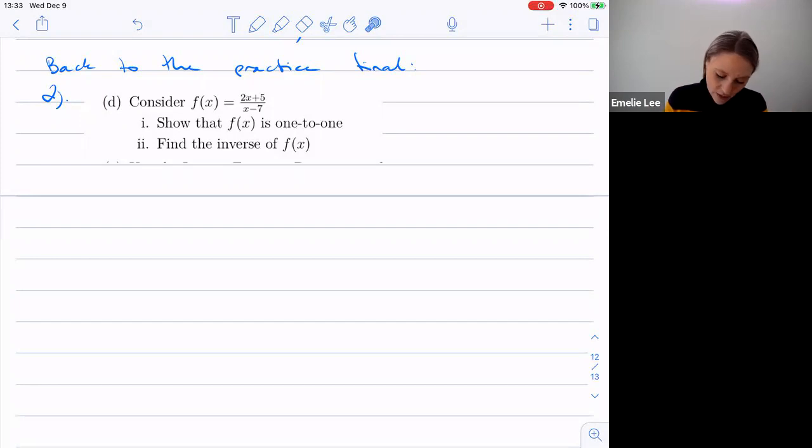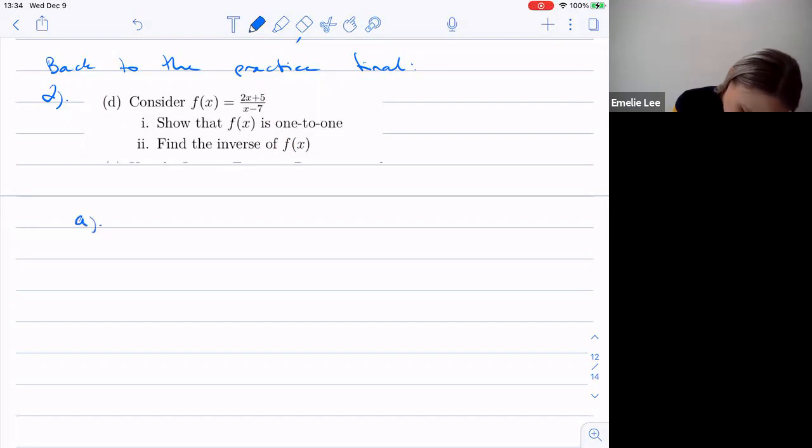Now, one thing that I want you to remember is that if I ask you to show me that it is 1 to 1, you need to end up at a equals b, right? And so no illegal math, nothing like that, just set up your 2 equations and work them out so that you get a equals b, right? And then you're going to find the inverse of this function.